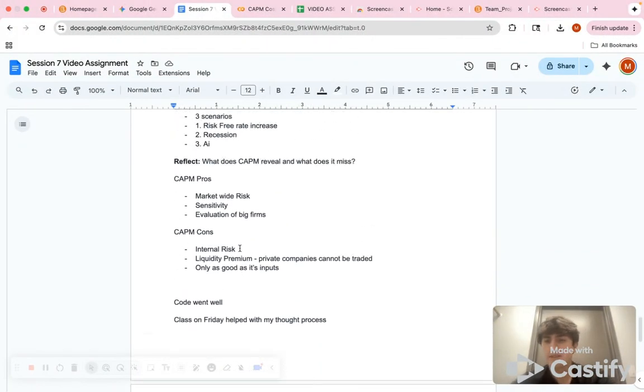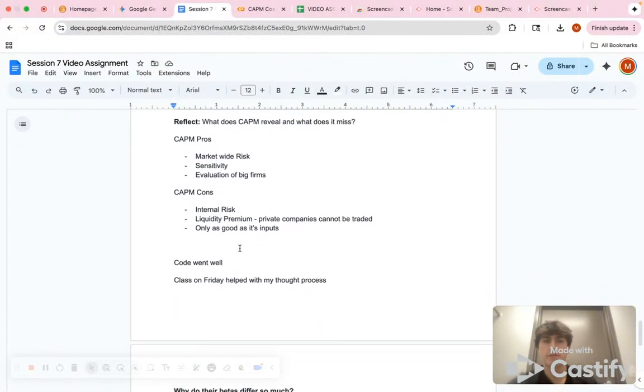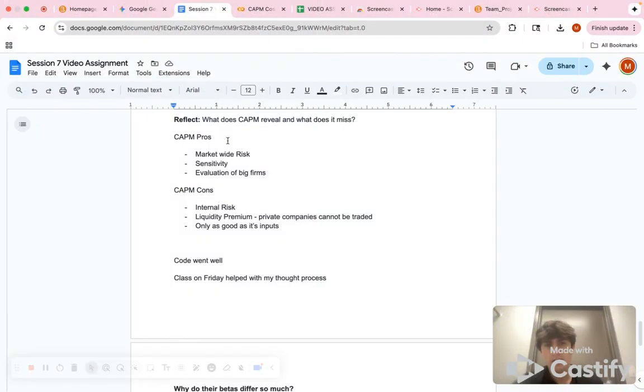And then finally, let's just reflect on everything that we learned and went through today. So what does the CAPM reveal, and what does it miss? The pros I put is it's good at analyzing the market-wide risk, which can tell how a stock's going to move with that market-wide risk.